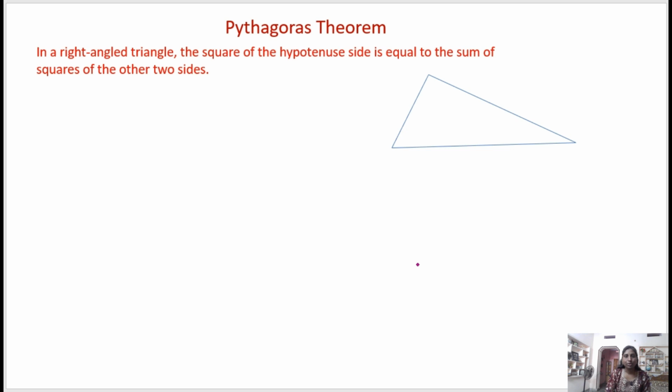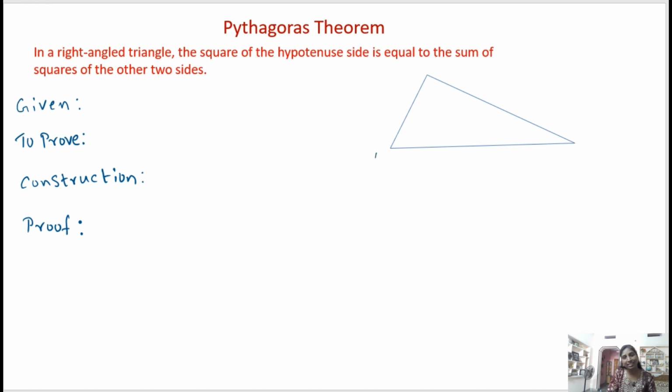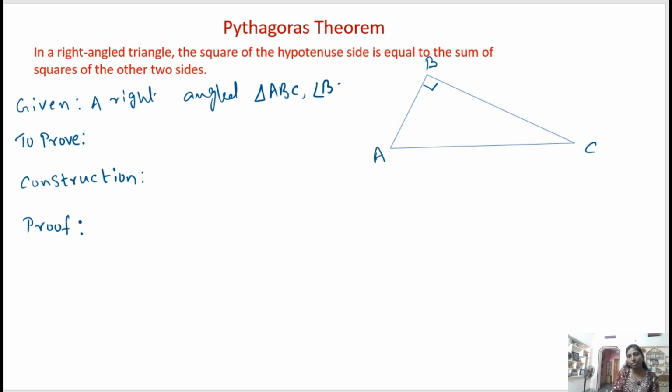So to prove it, first we need to draw a right angle triangle. So let us draw a right angle triangle ABC, which is right angled at B. Okay, so write the same thing in given. Given a right angle triangle ABC where angle B is equal to 90 degree.